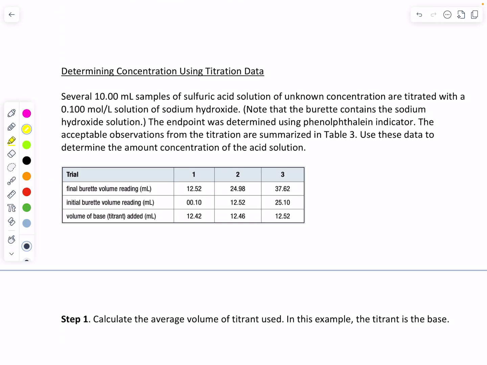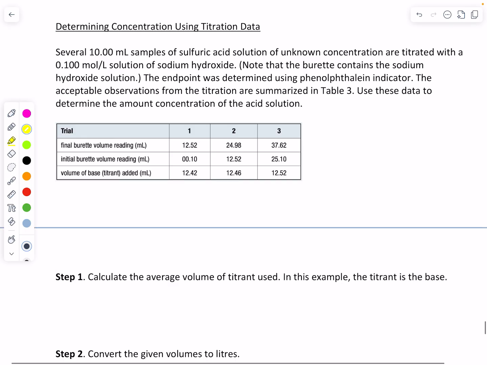Let's do an example where we determine concentration using titration data. Several 10 milliliter samples of sulfuric acid of unknown concentration are titrated with a 0.100 mole per liter solution of sodium hydroxide.